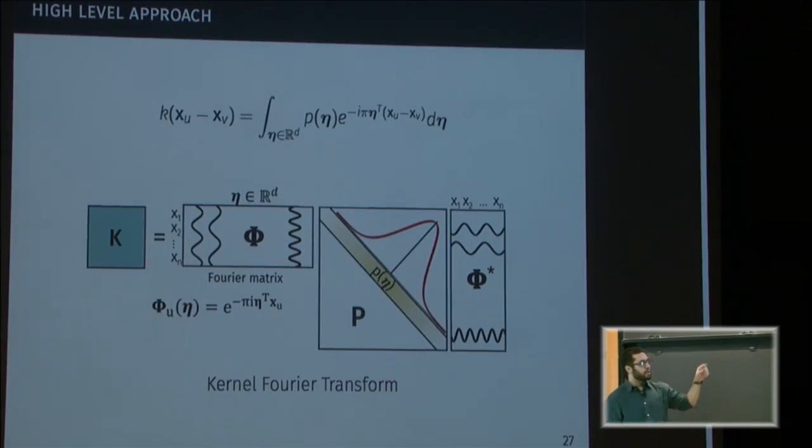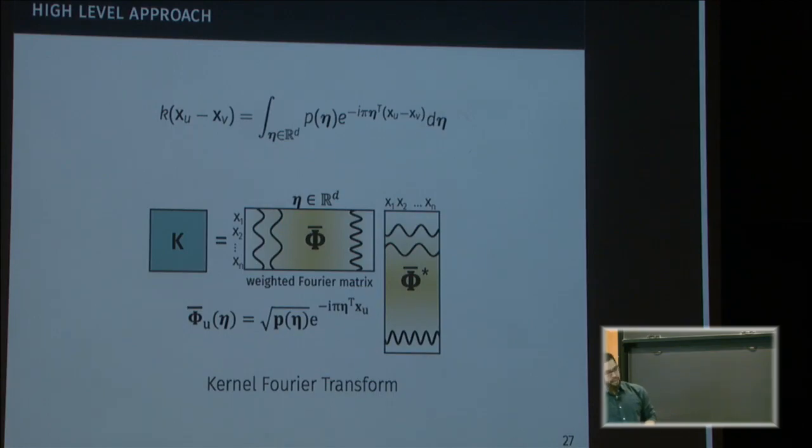So I can write the kernel matrix K as this matrix phi times this diagonal matrix P of eta times phi star. Are we comfortable with that factorization? Wait, what's the abuse? It's just an infinite size matrix, but I'm always going to draw it as a matrix because it's easier than carrying around the integrals everywhere. I'm also not going to write the d eta scaling all the columns in the matrix.